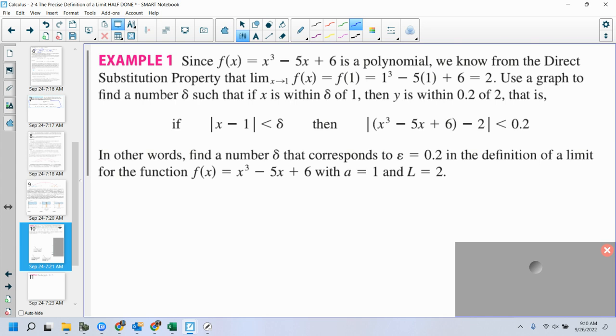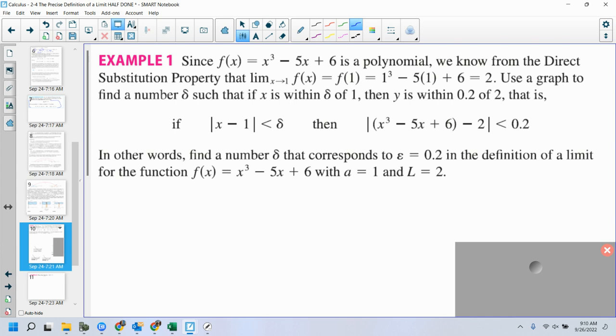What we are going to do here is say, okay, use a graph to find delta such that if x is within delta of 1, meaning I'm plugging in 1, what's my acceptable range above and below 1, so that the y values come out to be within 0.2 of the actual value of the limit, 2.